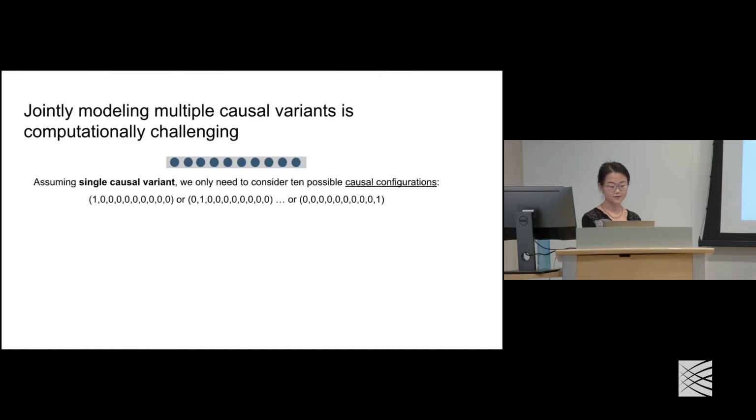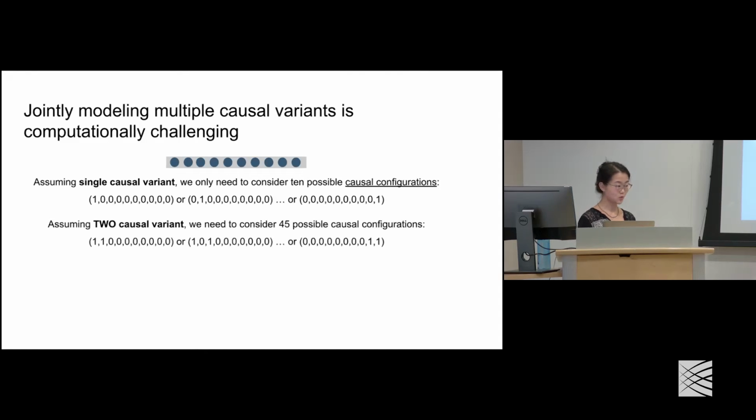Suppose you have just 10 variants in your locus. If we assume a single causal variant, we only need to consider 10 possible causal configurations. These causal configurations are represented by these 0, 1 vectors: 1 indicates causal, 0 indicates not causal. And all of a sudden you want to consider 2 causal variants, right?